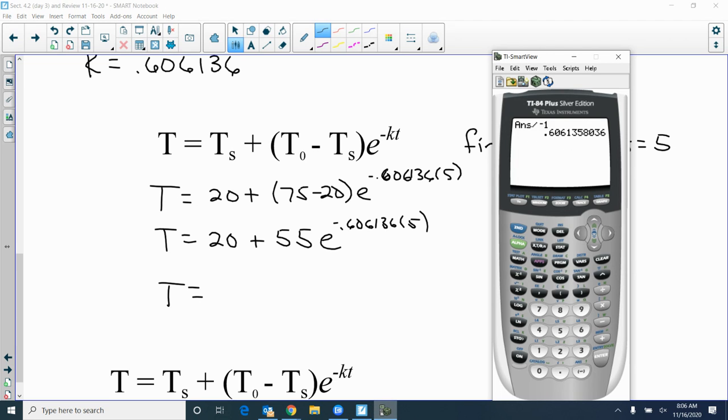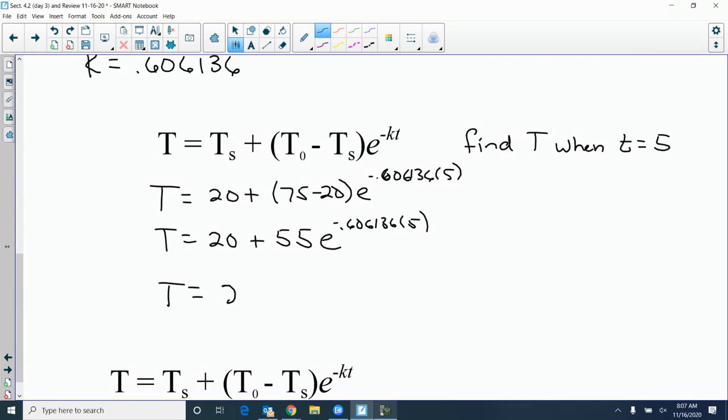And so I got 20 plus 55 e to the power negative 0.606136 times 5, and I got 22.66 degrees. Okay, we agree with that?